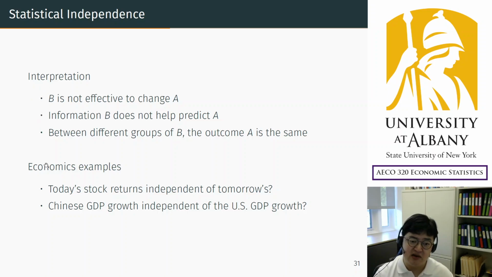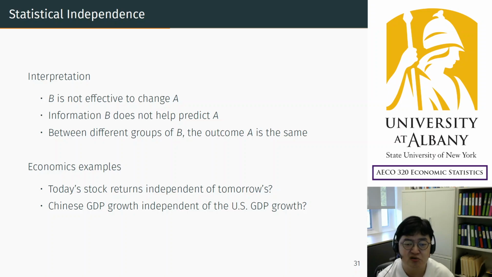For a more concrete example, are today's stock returns independent of tomorrow's or not? If today's stock returns are independent of tomorrow's, that means the past information does not help predict tomorrow's. Or, is the Chinese GDP growth rate independent of the United States GDP growth rate?